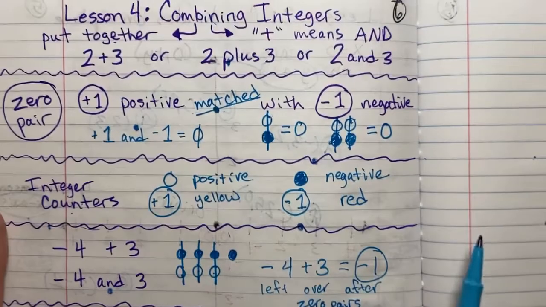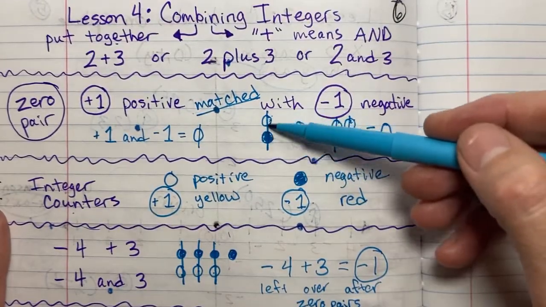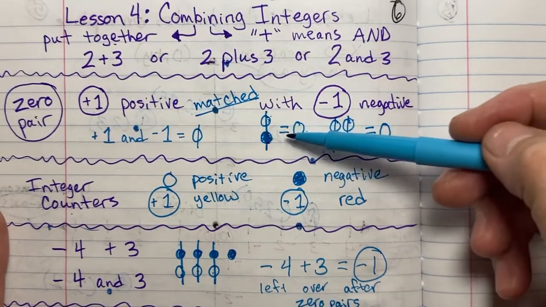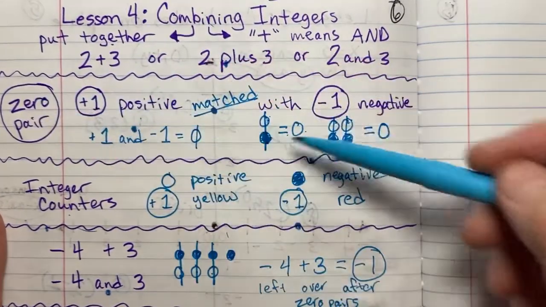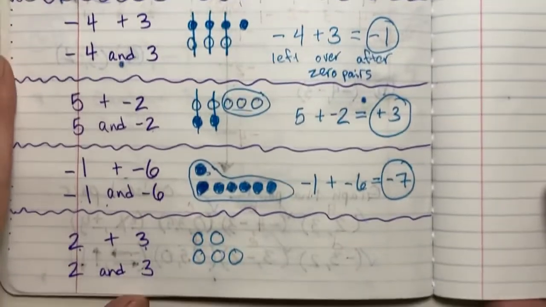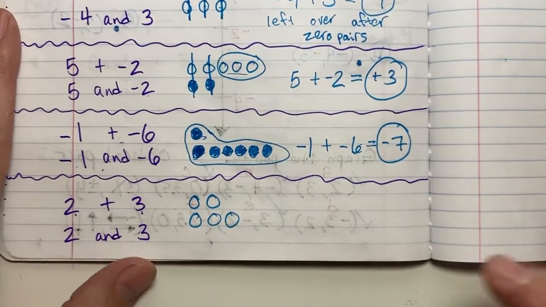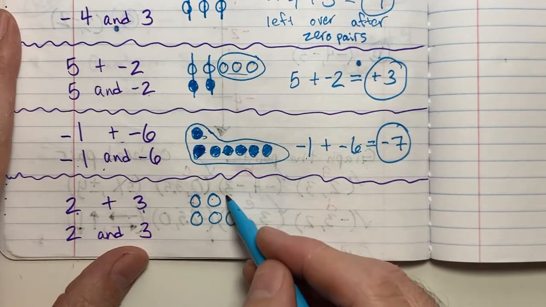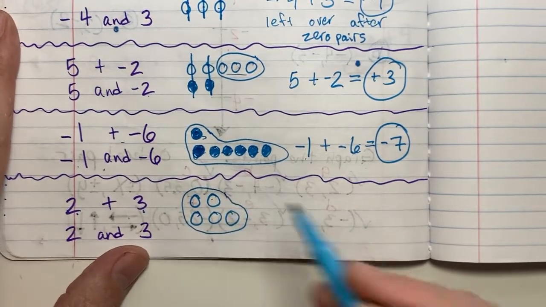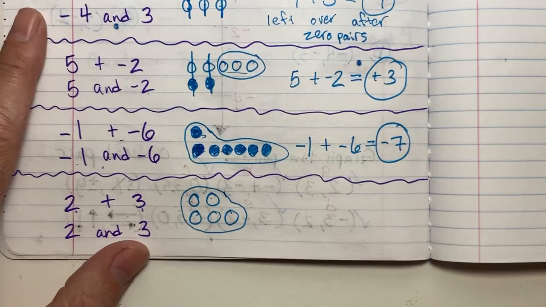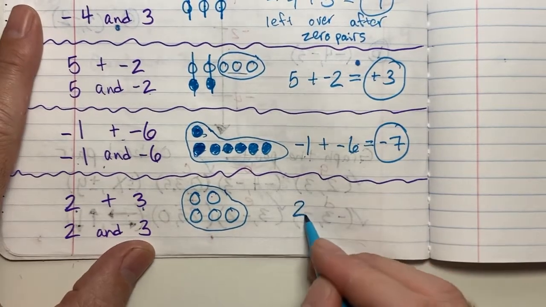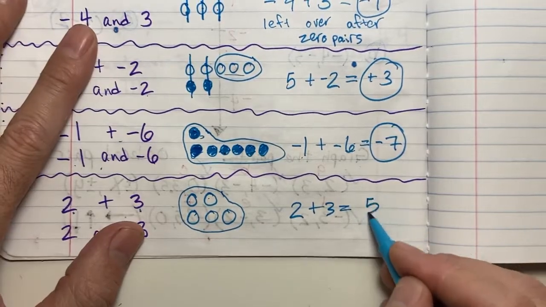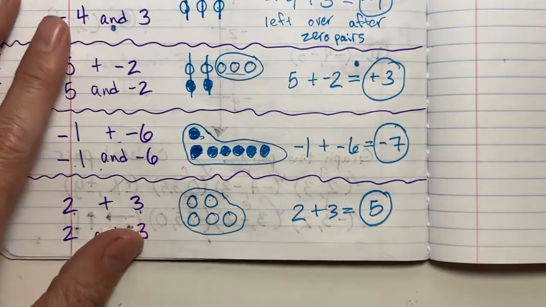Up here, we had opposite pairs, and when we use opposite pairs, they cancel each other. Opposite pairs, or zero pairs. But down below, there are no opposites. They're all the same thing. So we have 1, 2, 3, 4, 5 all together. How many total positives do we have? 2 plus 3 is 5, or positive 5.